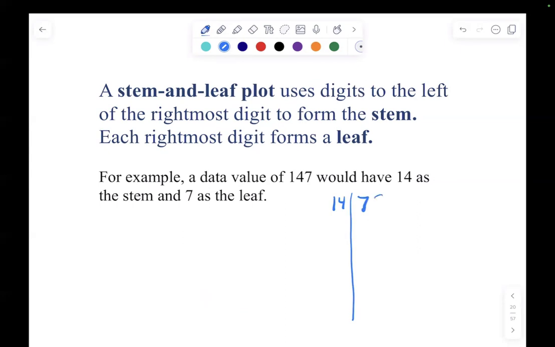If I had an 8 after it, that means I have the data values 147 and 148. Then I have another 8, so I have two 148s, and then a 9. So in my data set, I have a 147, a 148, another 148, and a 149. This is the leaf. This is the stem.